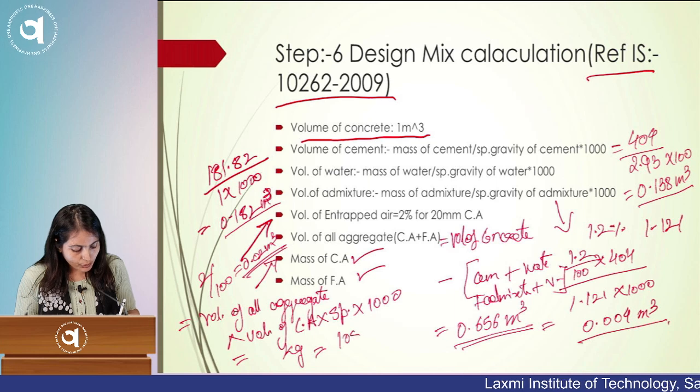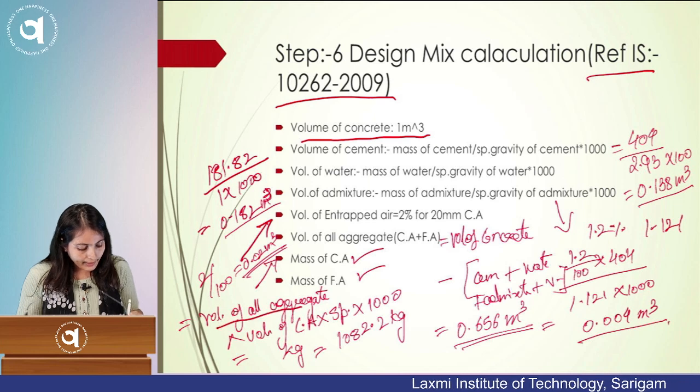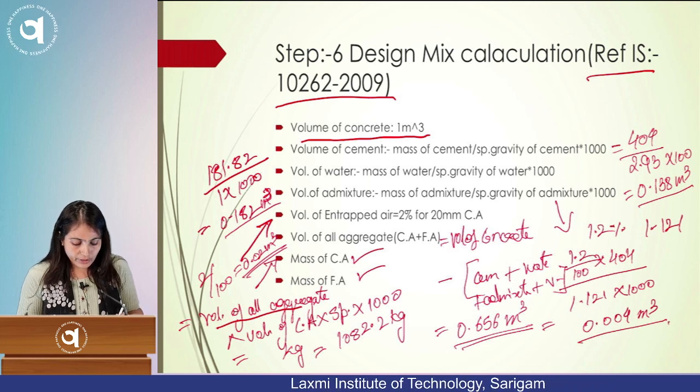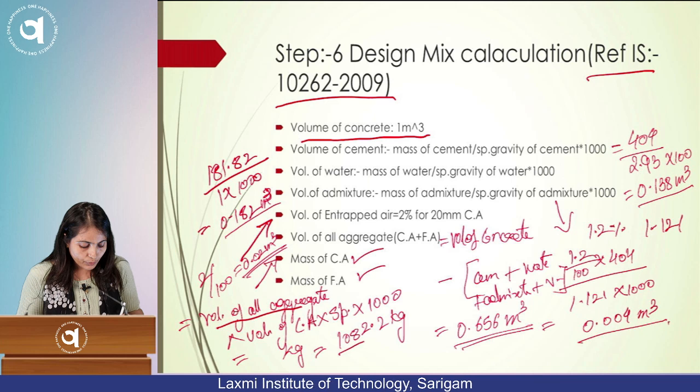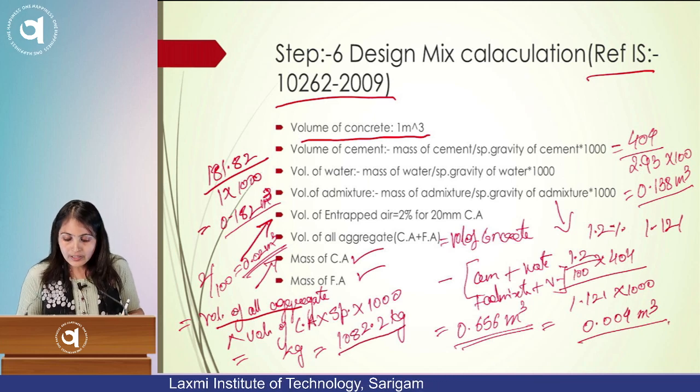Your volume of all aggregate is 0.656 and your volume of coarse aggregate I calculated before, that is nothing but 0.585, understood? Your specific gravity is 2.82. So you will get the mass of coarse aggregate as 1082.2 kg.